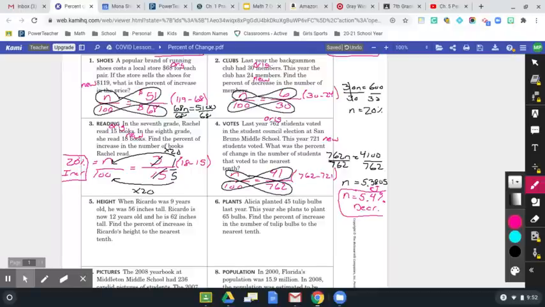So going from 762 students to 721 students that voted for student council election was a decrease of 5.4%.